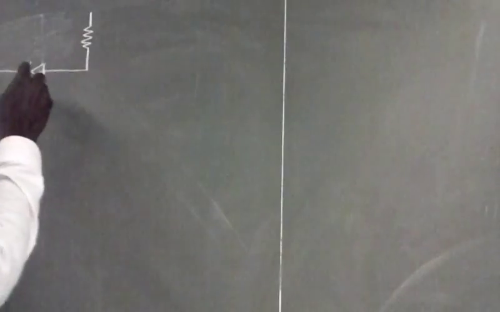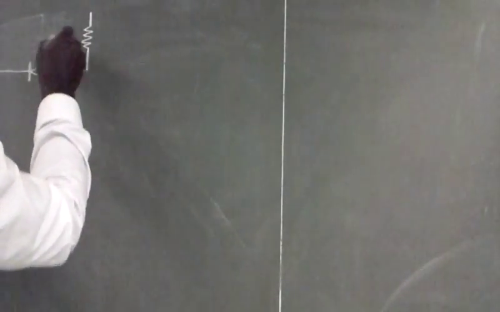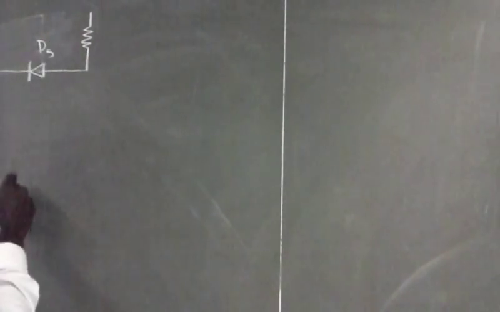This is grounded. Call this D5, diode 5. This is diode 6.